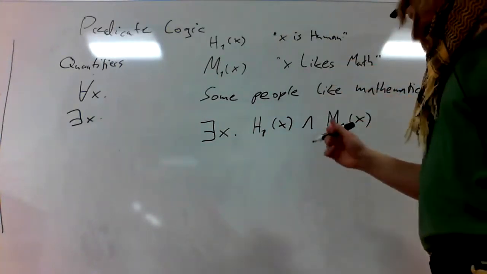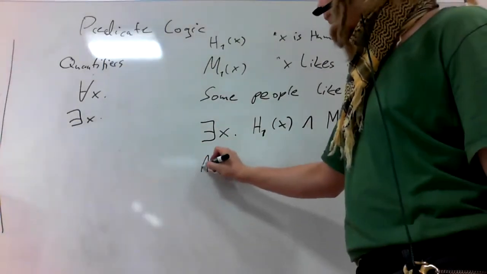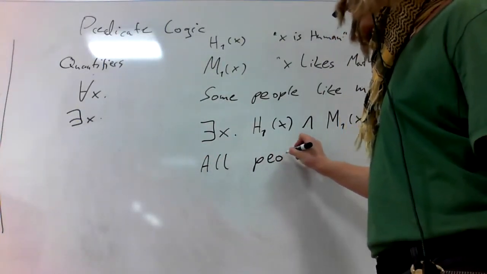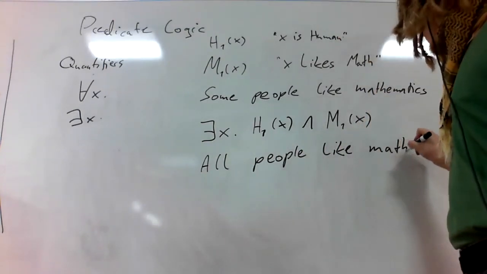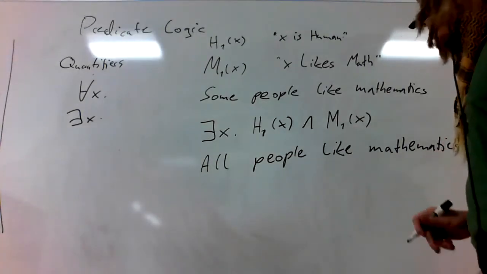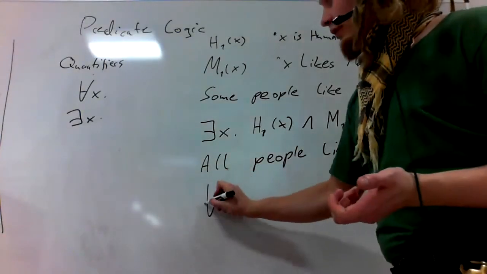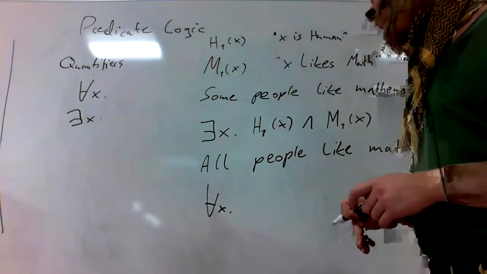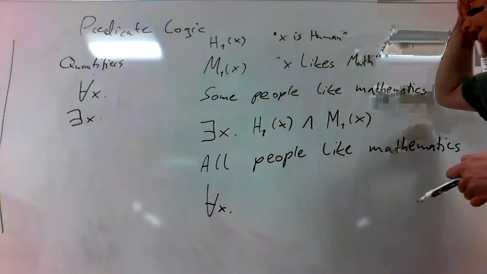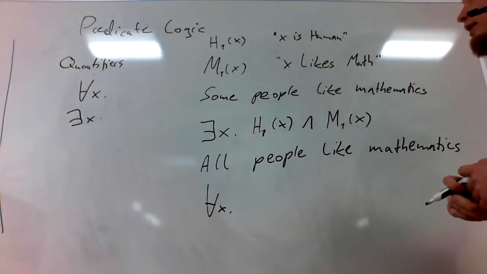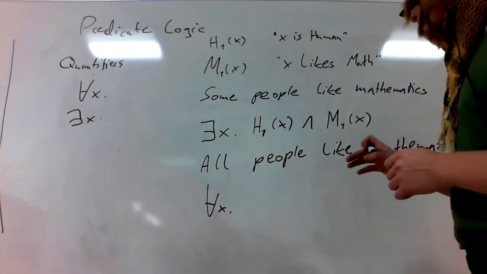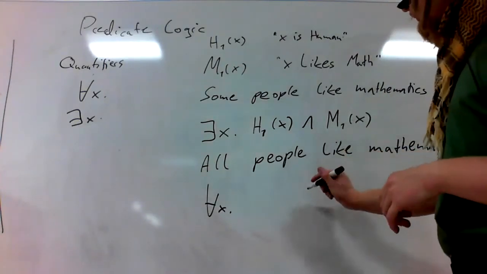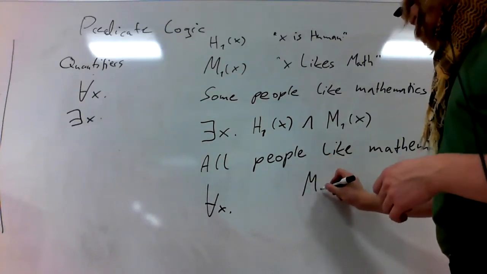Now we have a different statement, and that is, let's say, all people like mathematics. Of course, we need a universal quantifier for this, but now this formula looks slightly different. I will write the correct formula first, not to distract you. Somewhere we have to post that x likes maths, right?